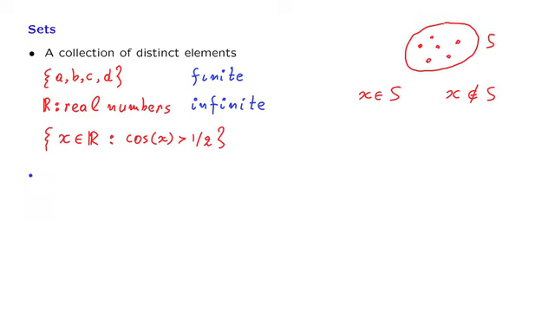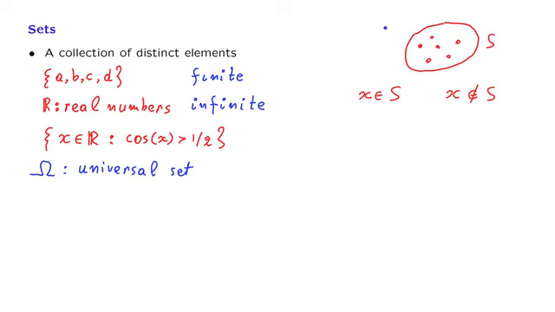One set of particular interest is the following. Sometimes, in some contexts, we want to fix a collection of all possible objects that we might ever want to consider. And that collection will be a set. We denote it usually by omega, and we call it the universal set.